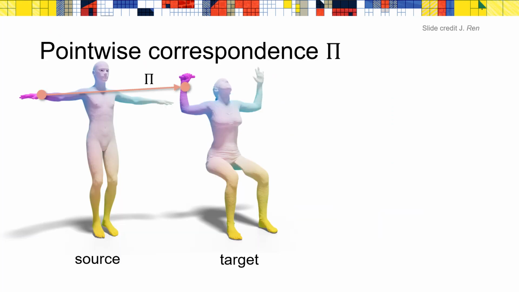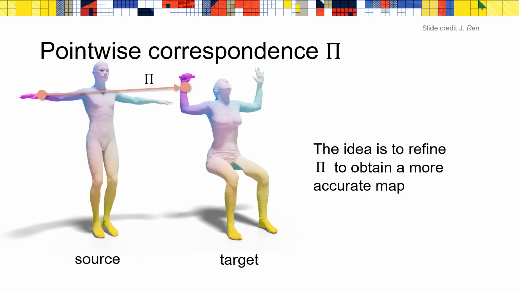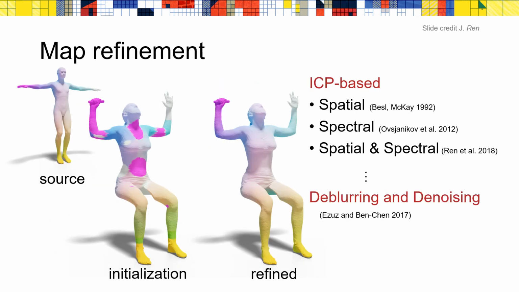Starting with a point-wise map between two shapes, pi, the idea is to refine pi in order to obtain a more accurate map. This idea is referred to as map refinement, and since the original paper of functional maps, several methods have been proposed to perform the map refinement.